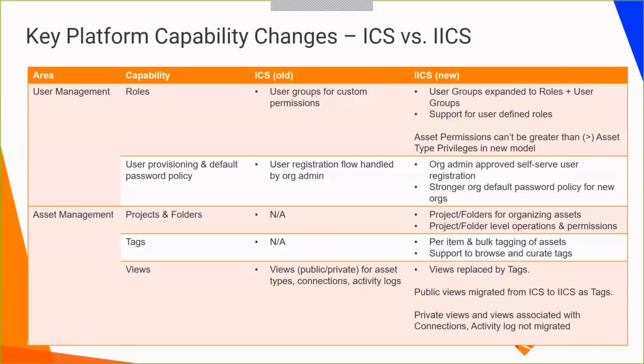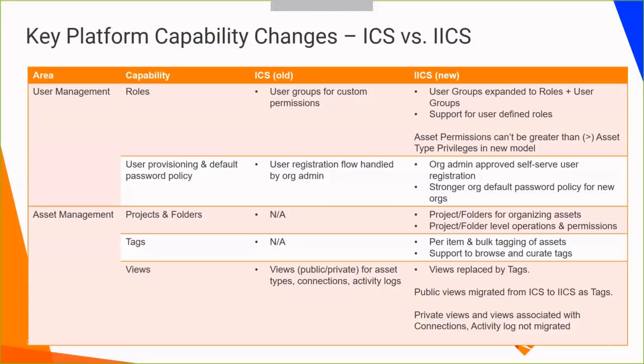We have projects and folders for asset management. In ICS, you have views. Currently, when we do the migration, all your assets will go into a default project and a default folder. Everything gets put in one spot, and all your public views will be created as tags.